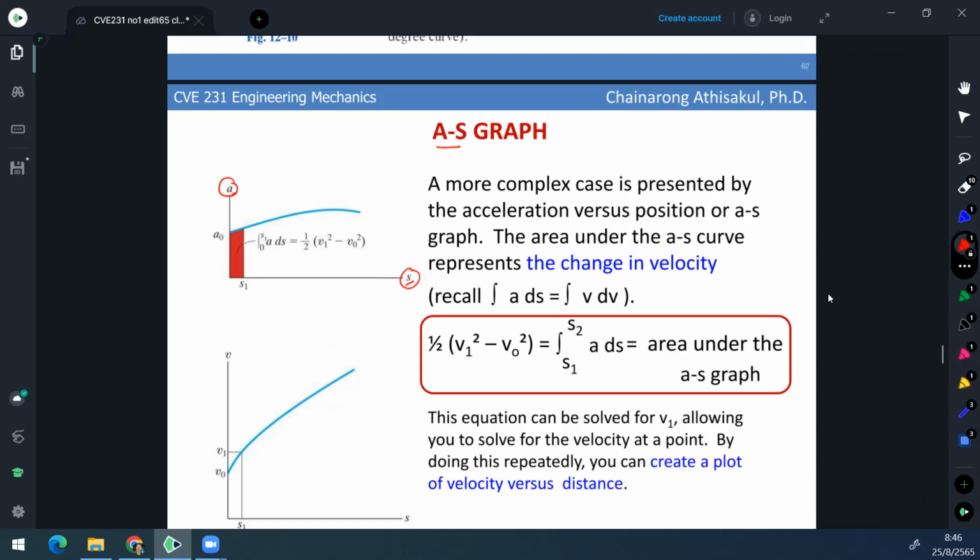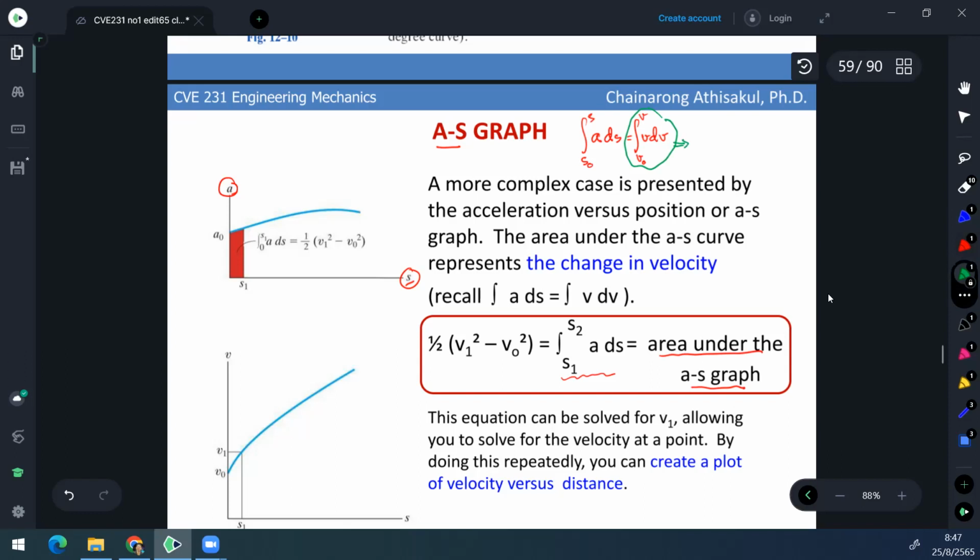So when we consider the relationship, the third kinematic equation that we know, a ds equals v dv. Okay, a ds equals v dv. So if we integrate both sides, integrating from v0 to v, and from s0 to s, the integral of a ds is the area under the a-s graph.